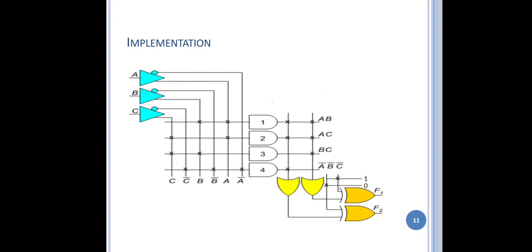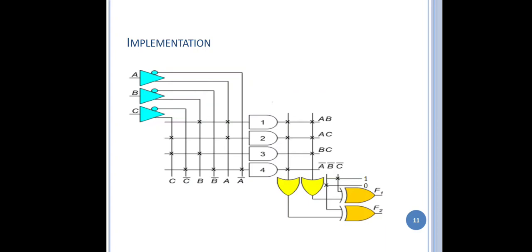Now we have to obtain F1 and F2. For that we program the XOR array. Here, for the XOR gates we have a connection from a line of logic 1 and logic 0. For the first XOR gate that implements the function F1, from the OR gate we have F1 bar, so we have to invert the function. The other input is connected to 1, since x XOR 1 gives x bar.